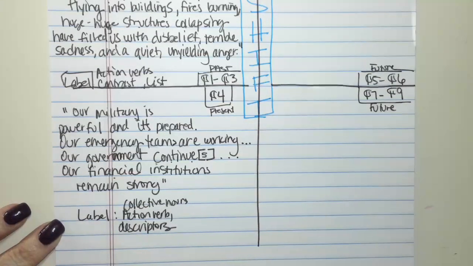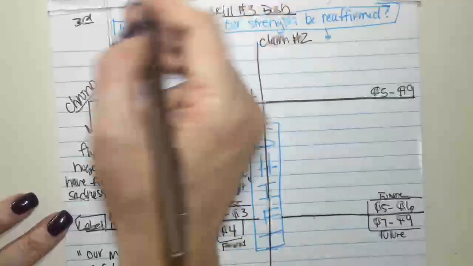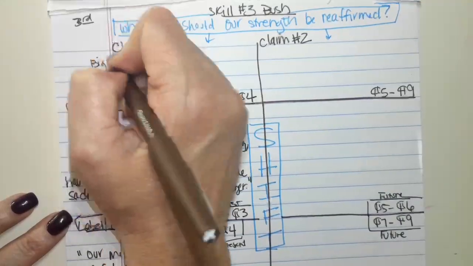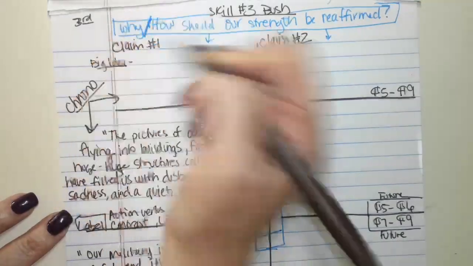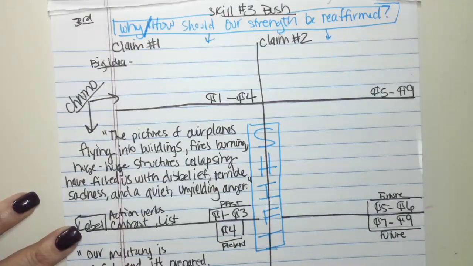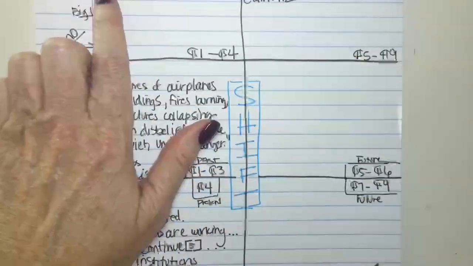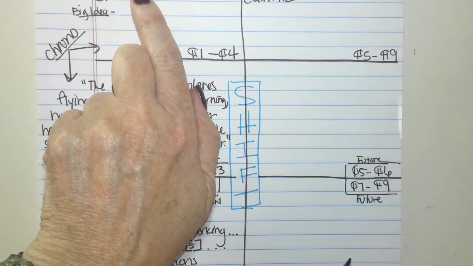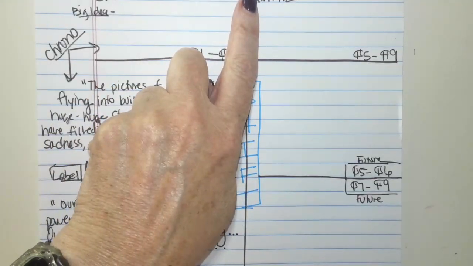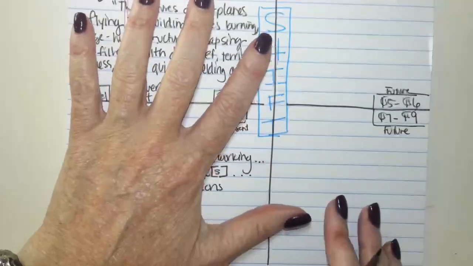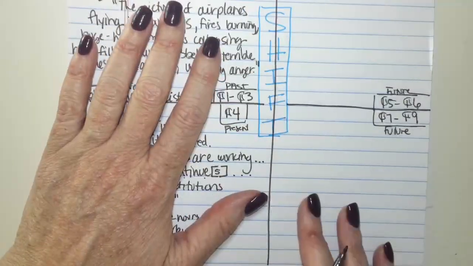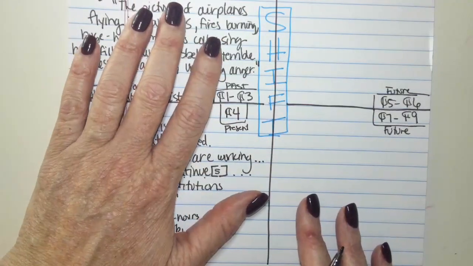All right, now for the hard part. We're looking for our big idea. Okay, if we look at that and we want to answer, why should our strength be reaffirmed? What should we understand from that? Why should our strength be reaffirmed? Talk to your partner.